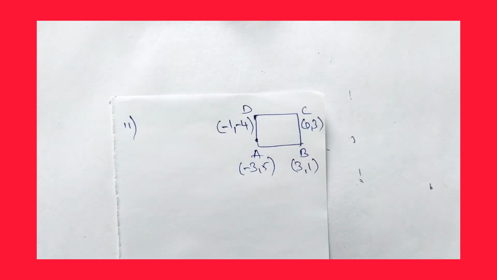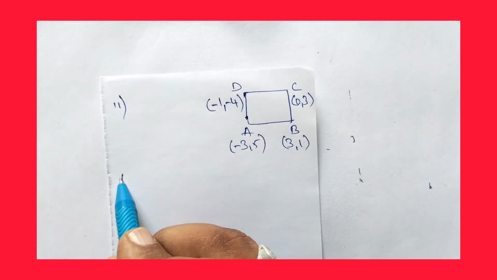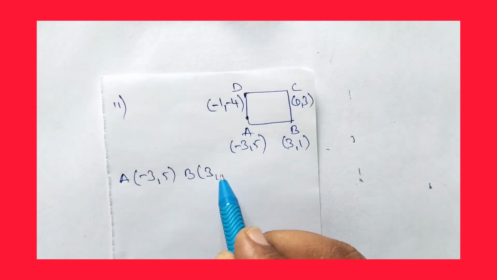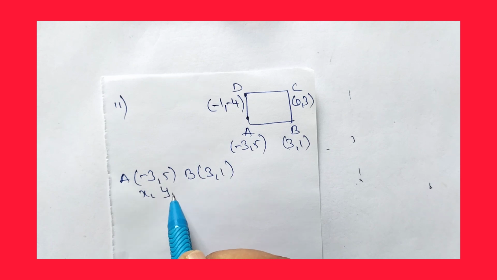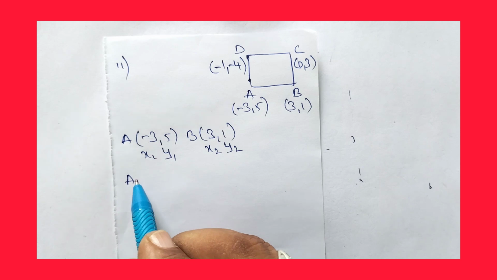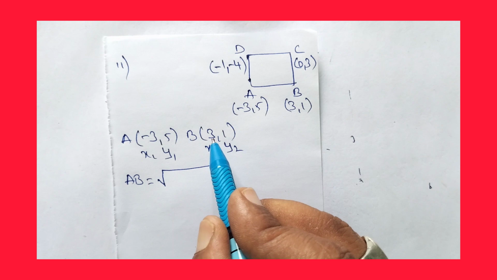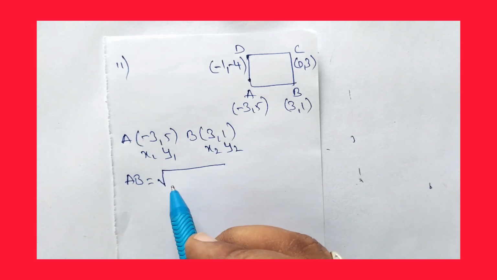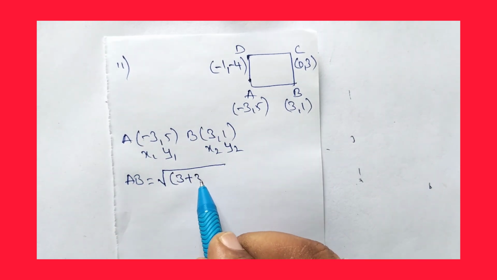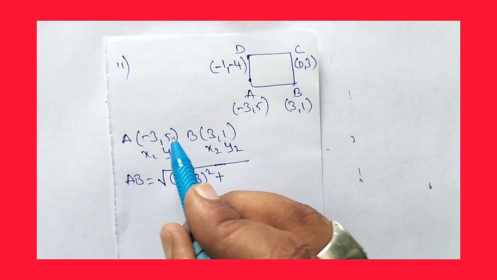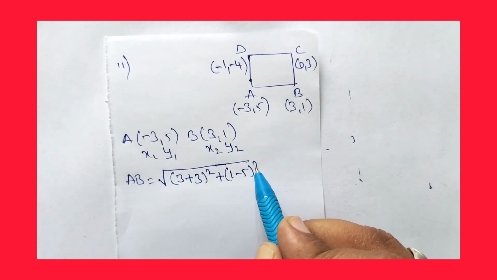Now let us find which type of quadrilateral it is. First find out AB. A is minus 3 comma 5 and B is 3 comma 1. A is x1 y1, B is x2 y2. If I use the distance formula, AB is equal to square root of (x2 minus x1), 3 minus into minus is 3 plus 3, whole square, plus (y2 minus y1), 1 minus 5, whole square.